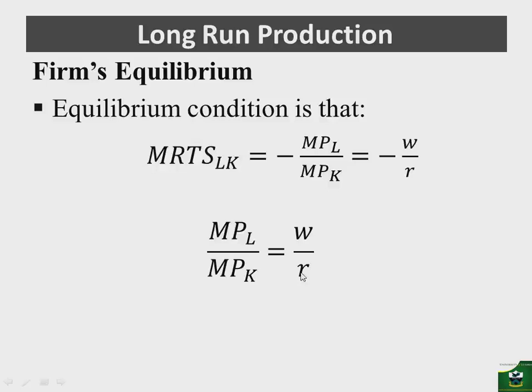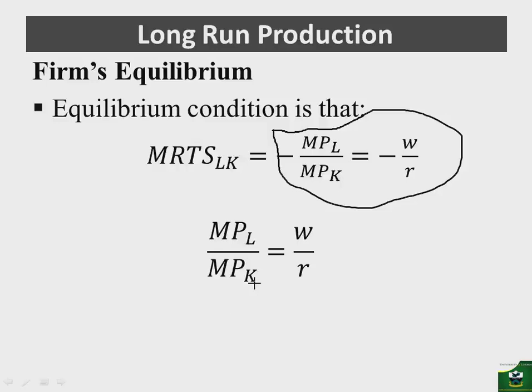Now you will notice that there are no negatives here, because if we get this part of the equation alone, you will notice that there is a negative here and there is a negative here. So the two negatives can cancel, leaving the equation without negatives.